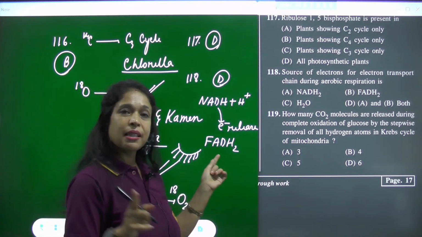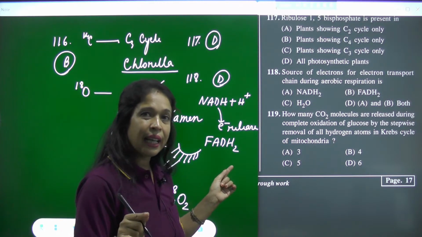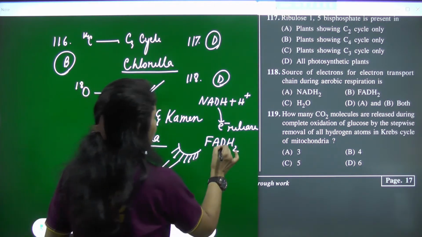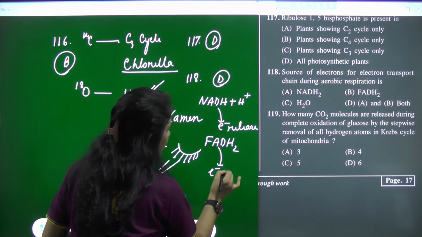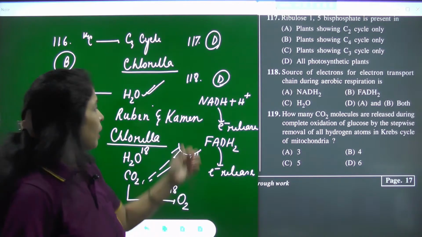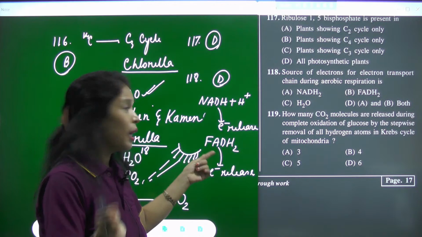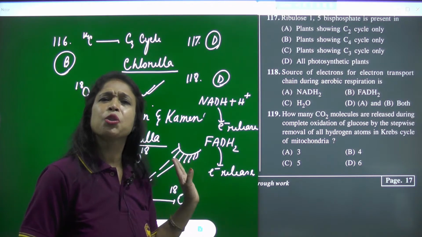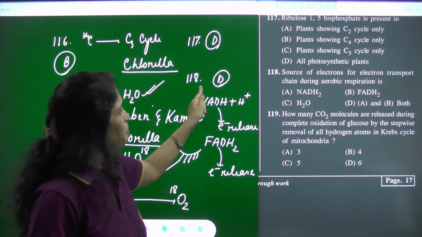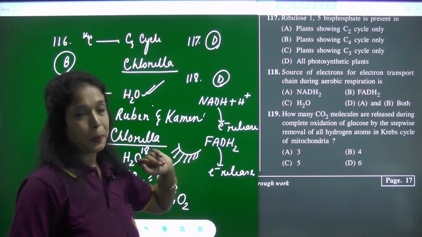Again, another coenzyme FADH2 will be oxidized in the ETS by the complex 2, and due to oxidation of FADH2, again there will be release of electron. So, what is the source of electron in the ETS? Both NADH and FADH2, both can show oxidation to release electron. So, very simple, for 118, answer will be D, last one.